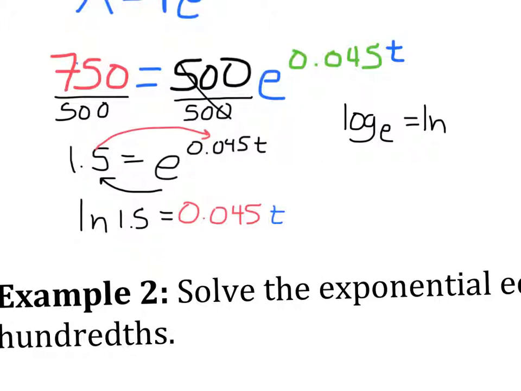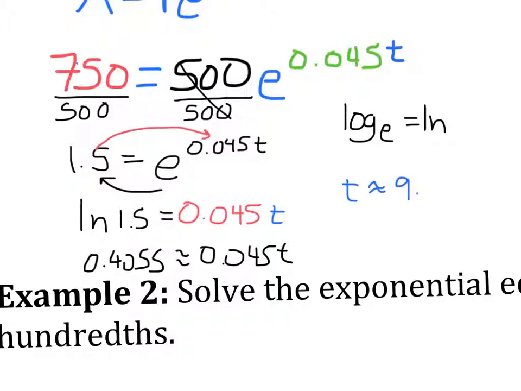So now what we're going to do is take the natural log of 1.5 in our calculator, and we get 0.4055 is approximately equal to 0.045t. Now how do I get t by itself? I divide both sides by 0.045. So just in your calculator, do that. And in the end, t is going to be approximately 9.01.